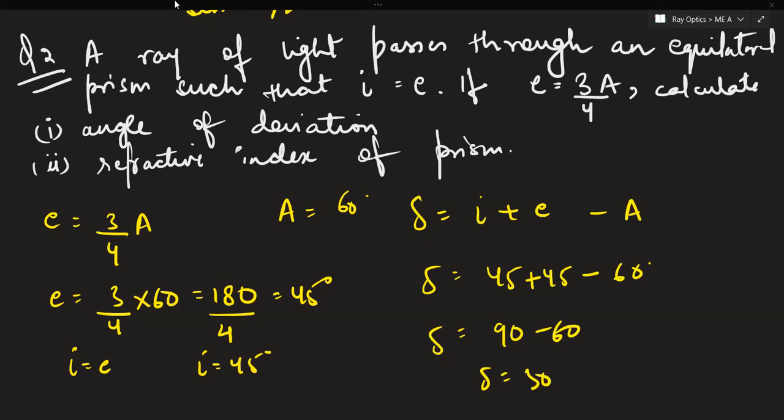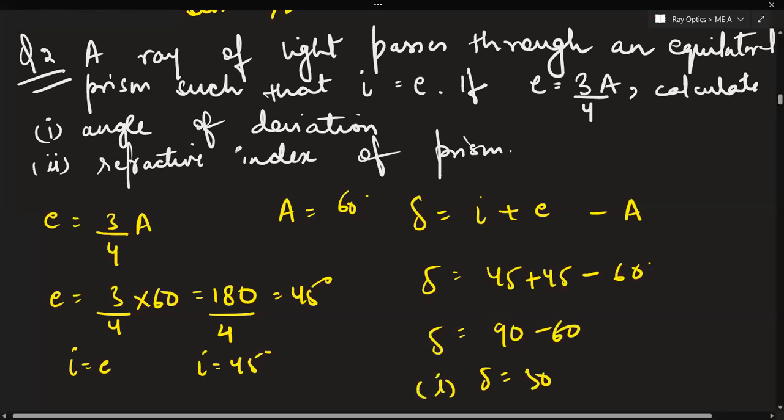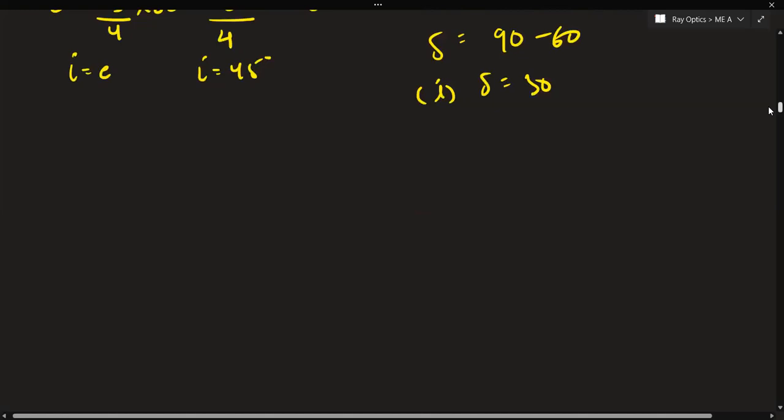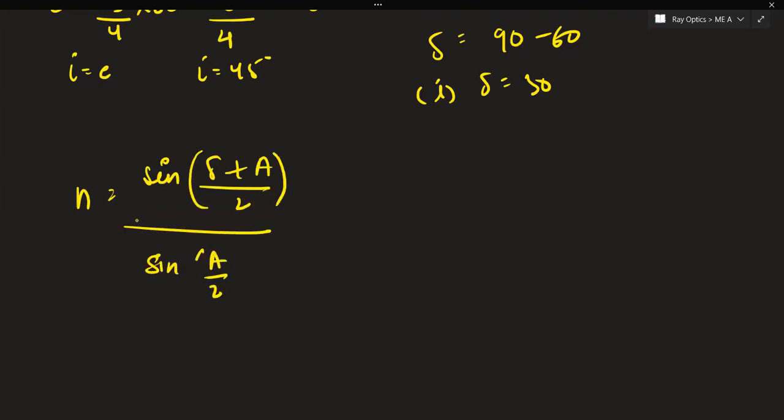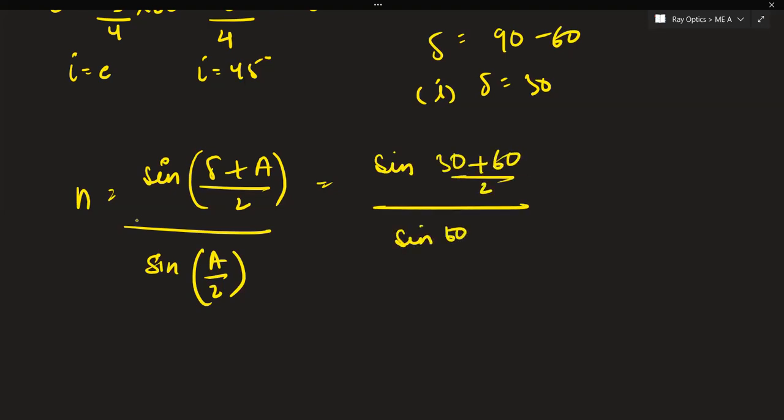This is the answer for the first part, angle of deviation. Second part says refractive index of prism. So same formula which we have seen. Refractive index will be sine of delta plus A by 2, by sine A by 2. So here if you put, this will be sine of 30 plus 60 by 2, by sine 60 by 2.